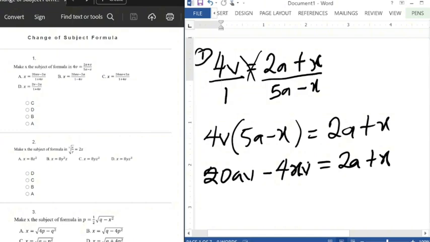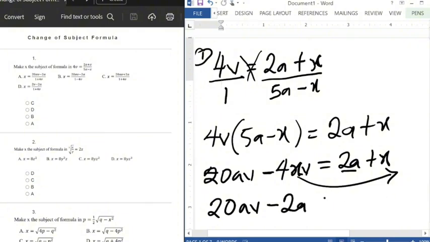Because this is negative, let's move it to the other side. So we have 20av, then 2a will come here as minus 2a, equals x, then minus 4xv becomes plus 4xv. It becomes plus because it's crossing the equation sign.